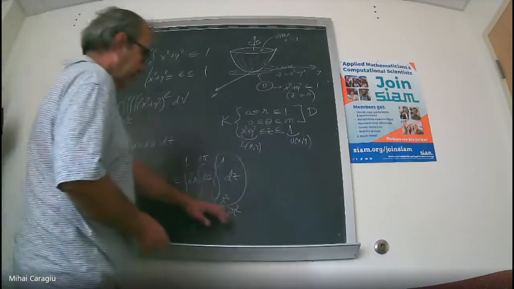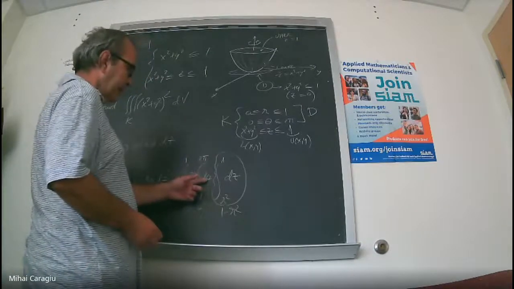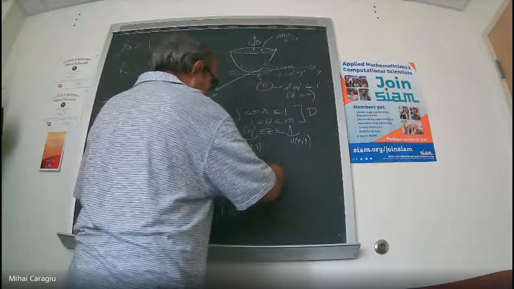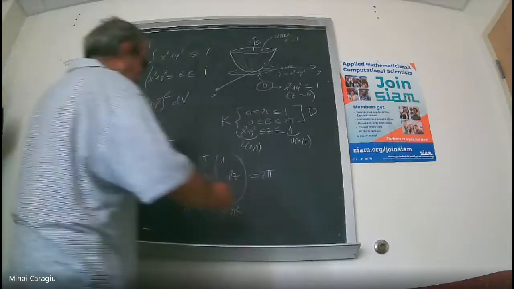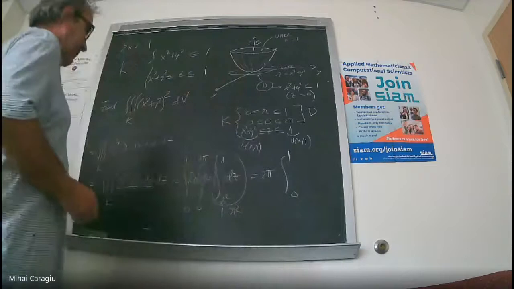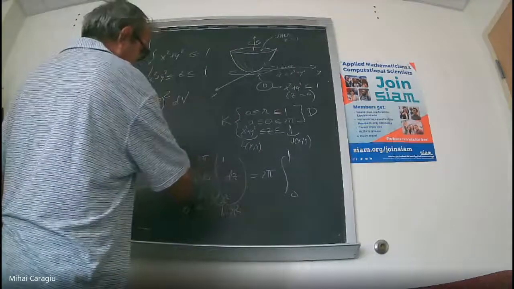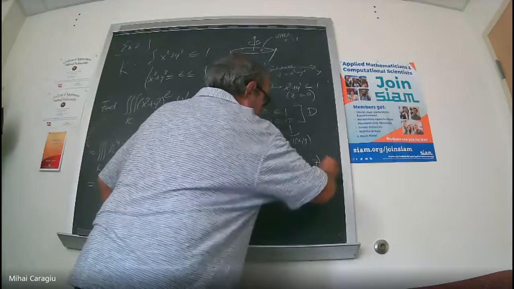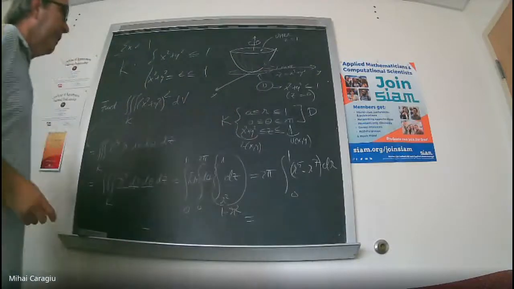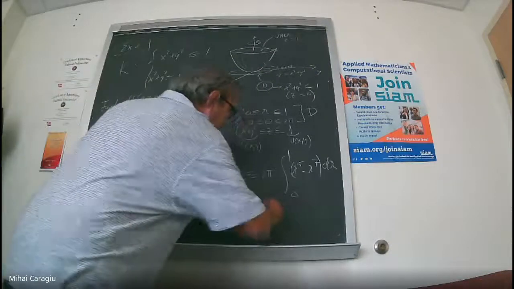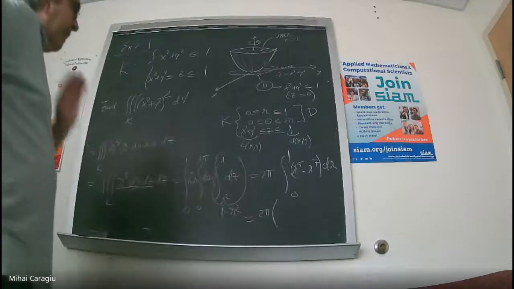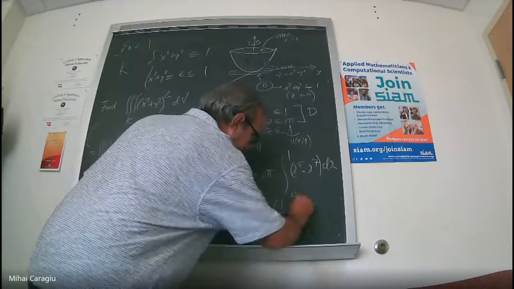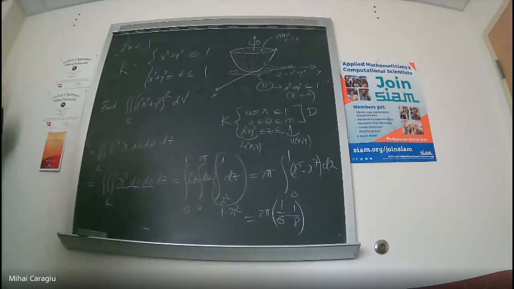And then, if we integrate the constant for the purpose of integrating theta, it will be 2 pi times 1 minus r squared. So let me take 2 pi in front of the whole integral, being the constant. Integral from 0 to 1. What's left is 1 minus r squared with r to the power 5, which is r to the power 5 minus r to the power 7, dr. That will be 2 pi times 1 over 6 minus 1 over 8, which is 2 over 48, which is 1 over 24.